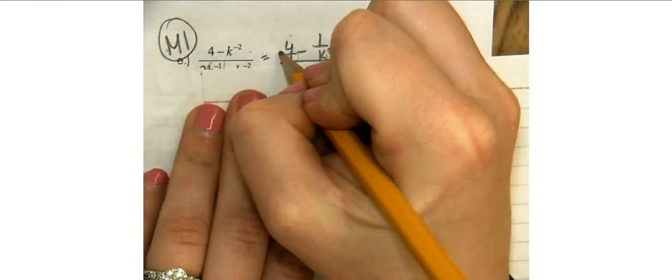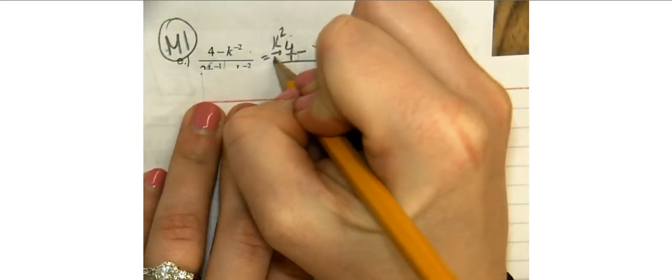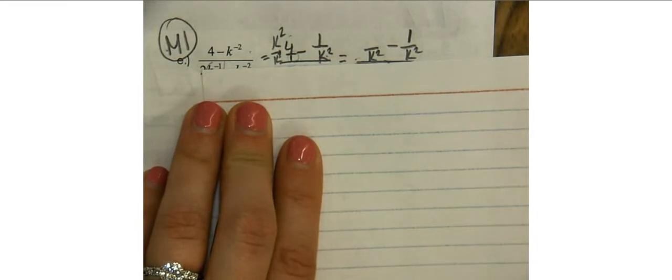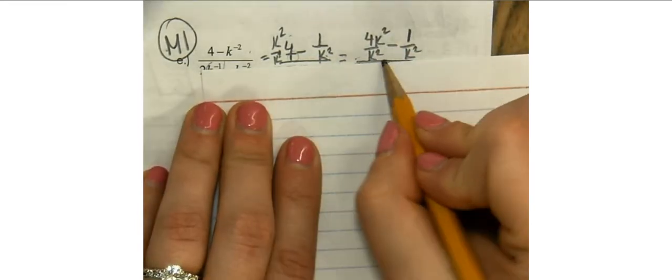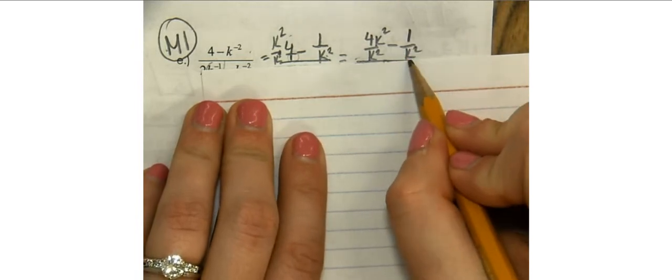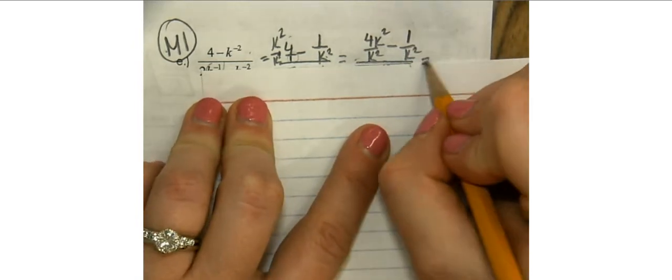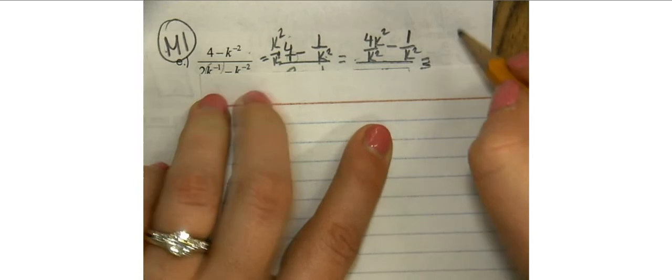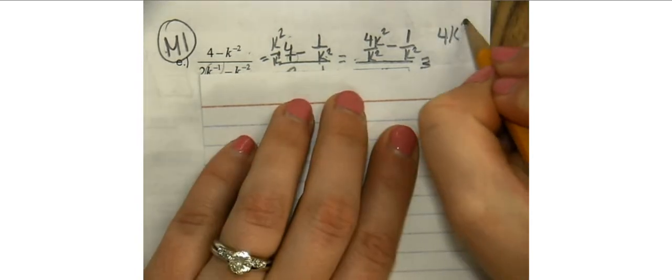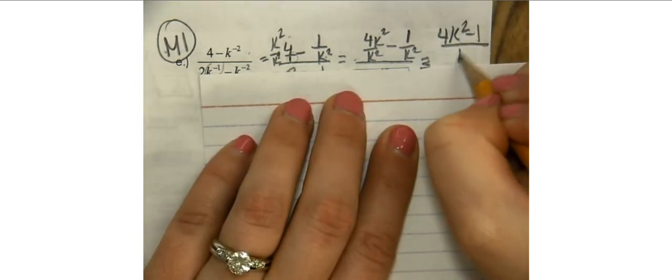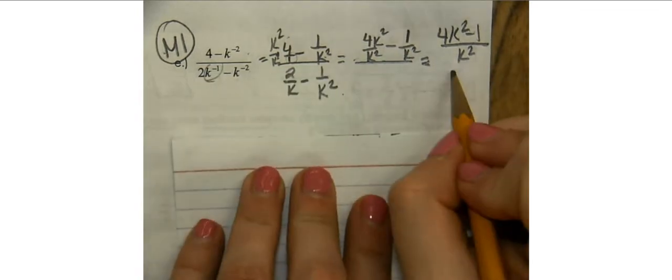So I'm going to multiply the top and the bottom by k squared over k squared. And so I end up with 4k squared over k squared minus 1 over k squared. And so that's going to equal 4k squared minus 1 over k squared. And that is my numerator.